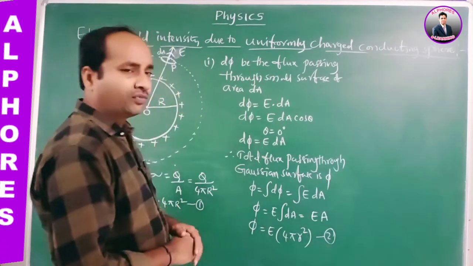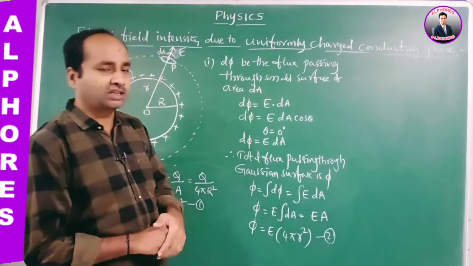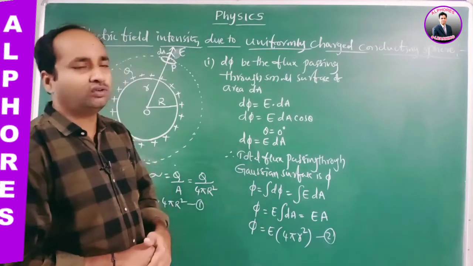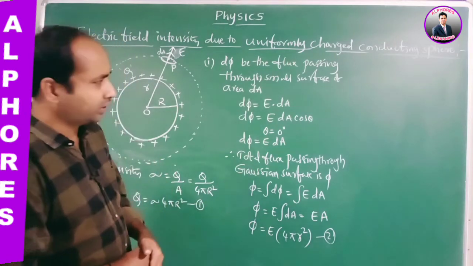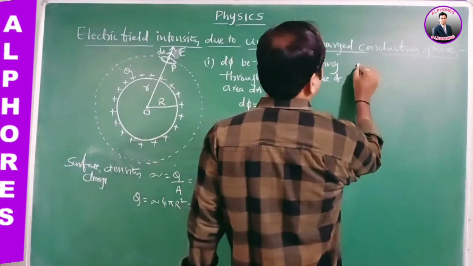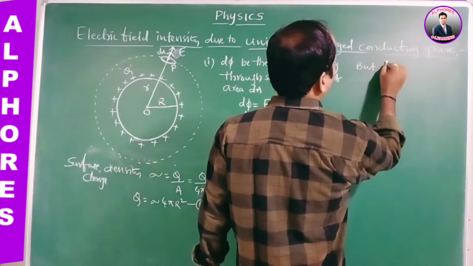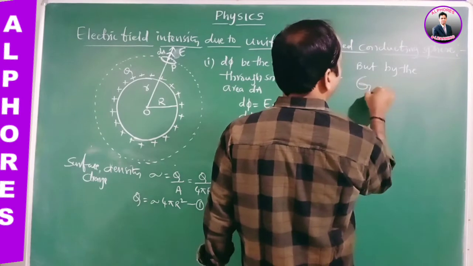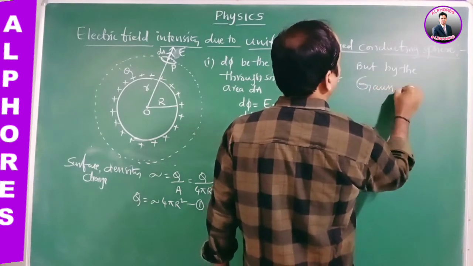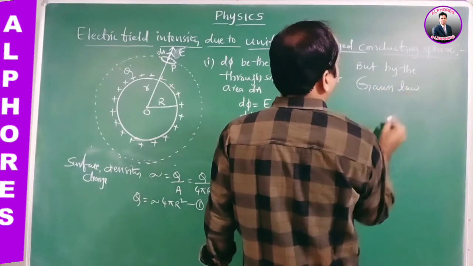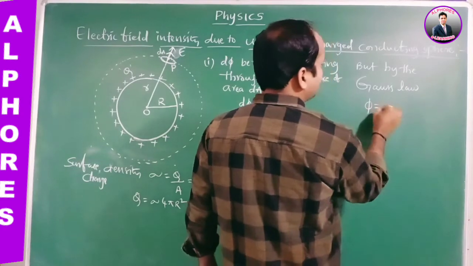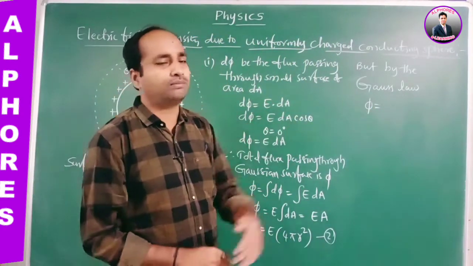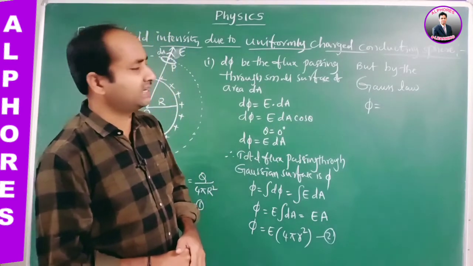Here we got the total flux passing through the Gaussian surface, phi is equal to E into 4 pi r square. But by the statement of Gauss law, the flux passing through any closed surface is equal to 1 by epsilon naught times the net charge.